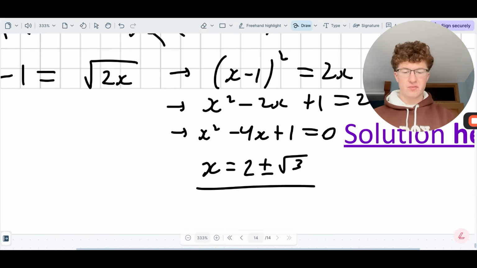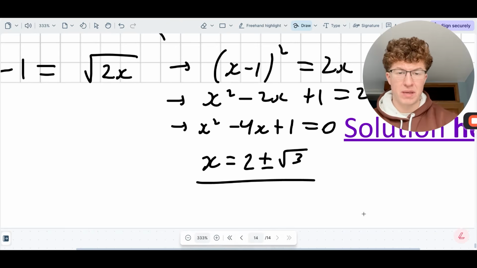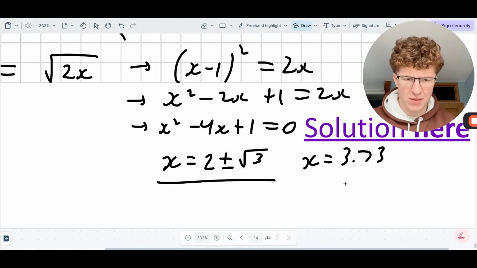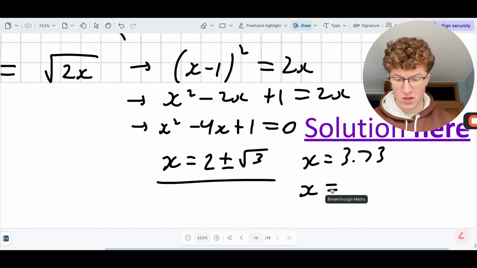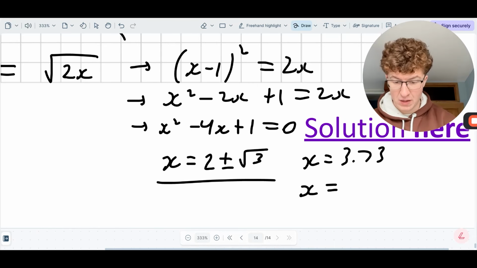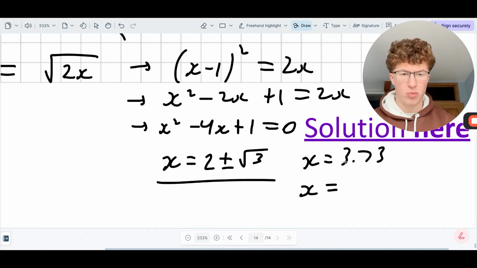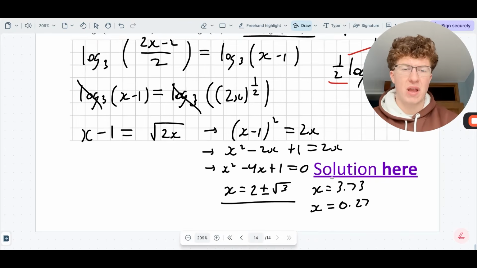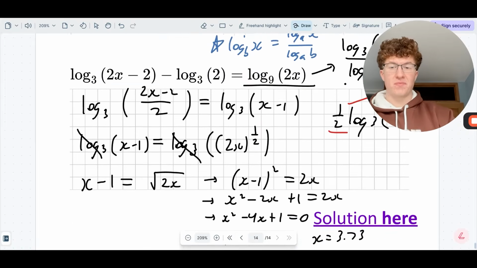Now, as a number, that will be x equals 3.73, or x is equal to 0.26, or 0.27 when you round it. So those are the two x values we get, but again, we have to fill into the original equation.